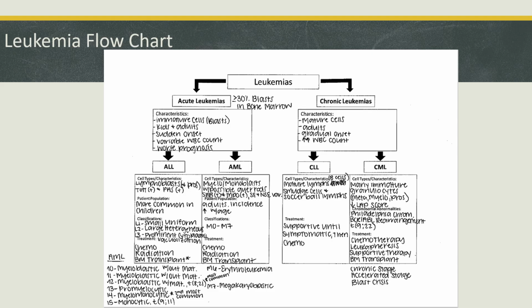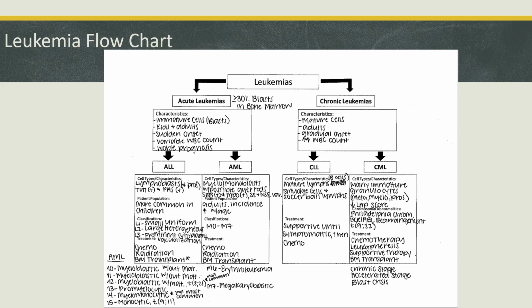Now, we haven't gotten into our flow chart about myeloproliferative disorders, but if you think about how myeloproliferative disorders have the tendency or the ability to transition into acute leukemias, this would be associated with that erythroid proliferation.